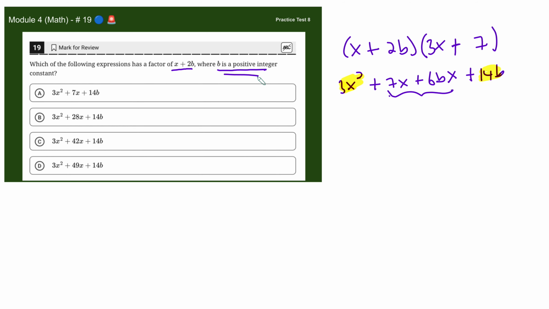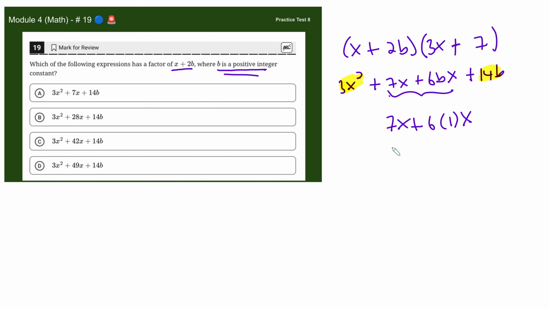We'll start with 1. Okay, so if we go 7x plus 6 times 1, so b is 1, right? So 1x. All right, that's going to give us 13x. Okay, we don't have a 13x right here. All right, what if we make b 2, right?